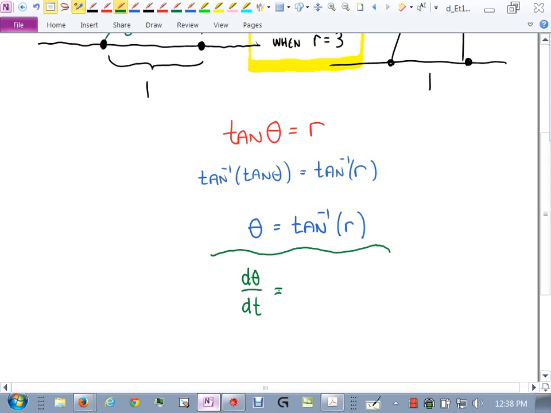And then on the right side, I'm trying to find the derivative of the arctangent of something, which, you remember, start burning that formula into your head: 1 over 1 plus x squared, but in this case, x is r. Chain rule. Now you have to go inside and take the derivative of r. What's the derivative of r with respect to time? dr/dt.